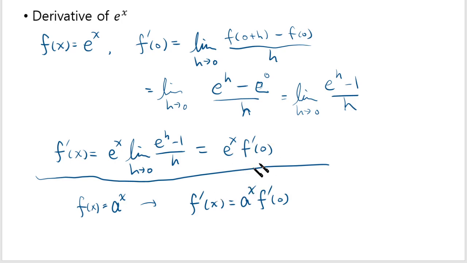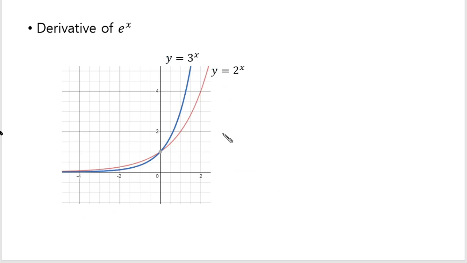So to understand this phenomenon, we have to actually think about some examples. Here are two very simple exponential functions, and as I said, y prime for this 2 to the x would be 2 to the x times some constant, which is the slope at 0, y prime at 0.